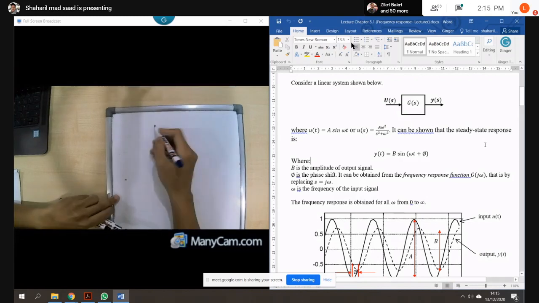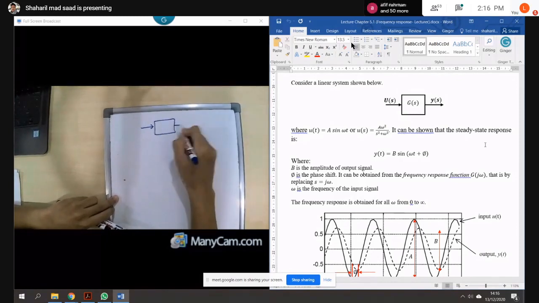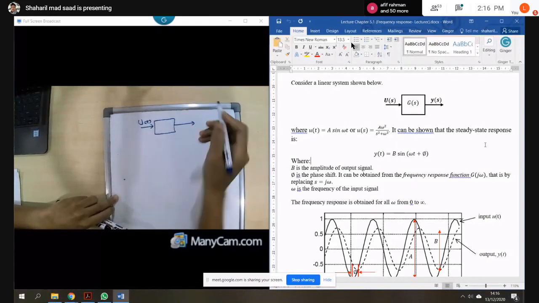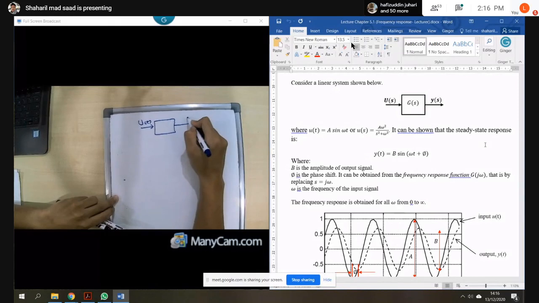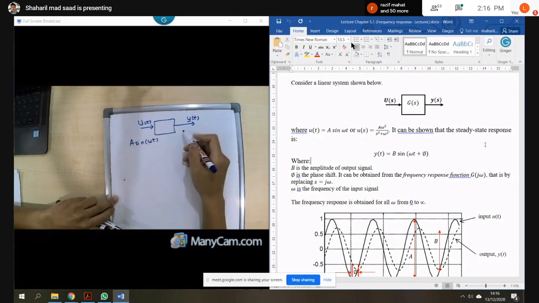Let me repeat this again. Now this is a simple block diagram. Maybe we put it in the time domain. This one, y(t). What do you have here? You have A sine omega t, where omega means frequency.